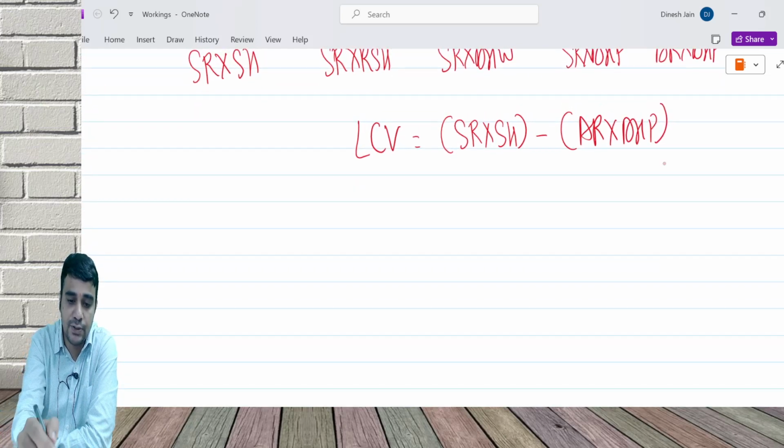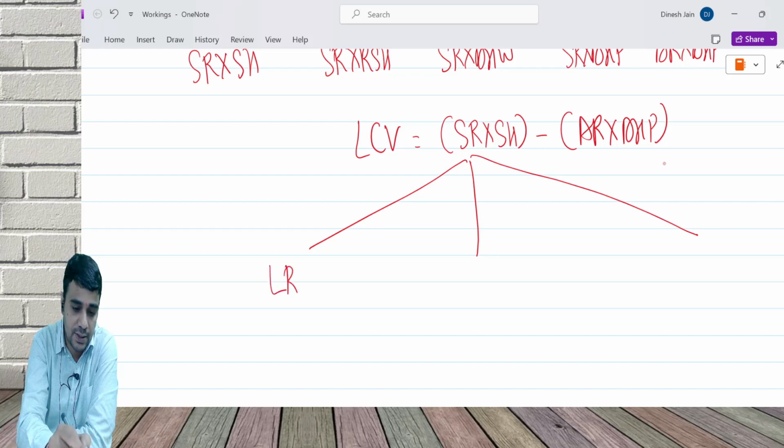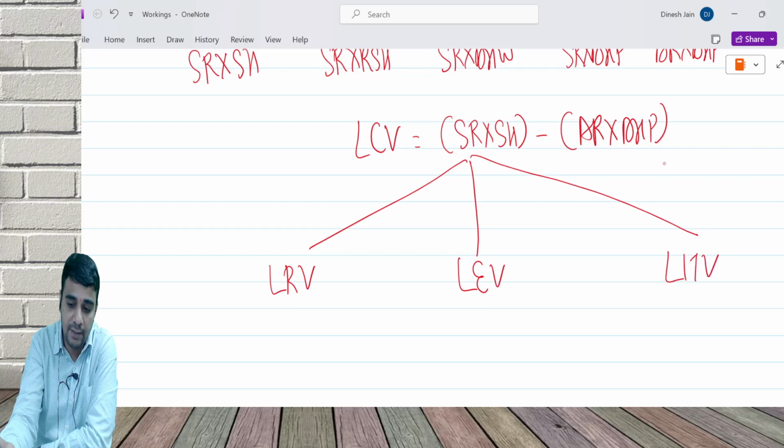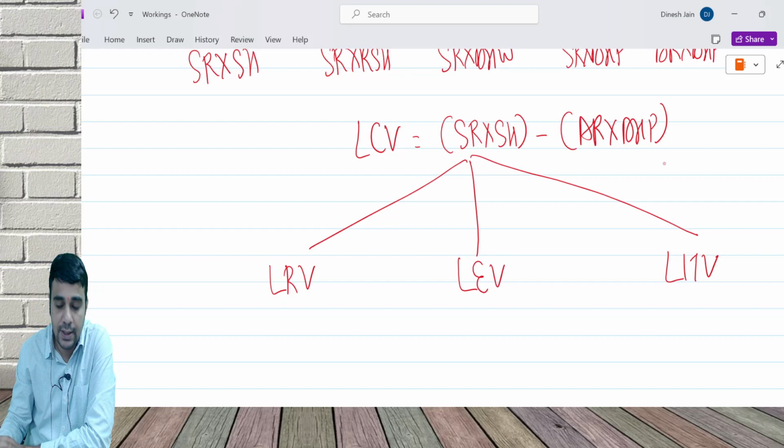This gets split into 3. Like when we have idle time, we split into 3. Labor rate, labor efficiency, labor idle time. Efficiency will have a further split. We'll see that later. Labor rate, labor efficiency, and labor idle time variance.